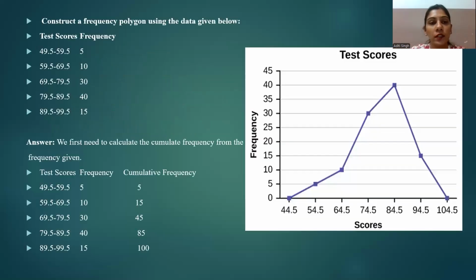As you can see in this diagram, it uses points connected by straight lines to represent how often different values or categories occur. It is used to display frequencies, or counts of data, intervals, or categories, which helps in visualizing patterns and trends in data distribution.